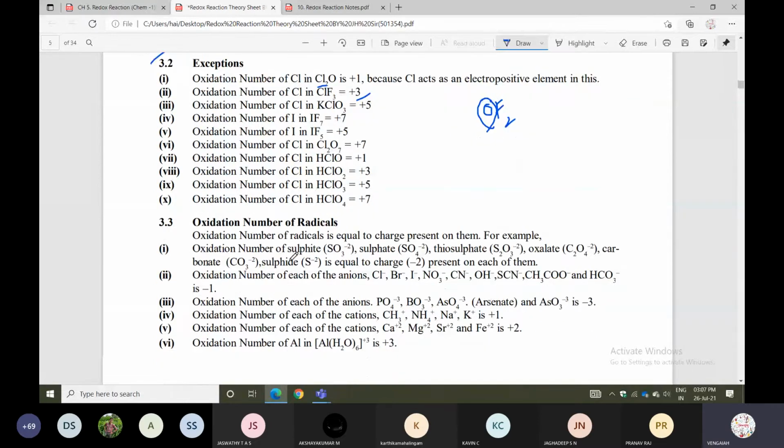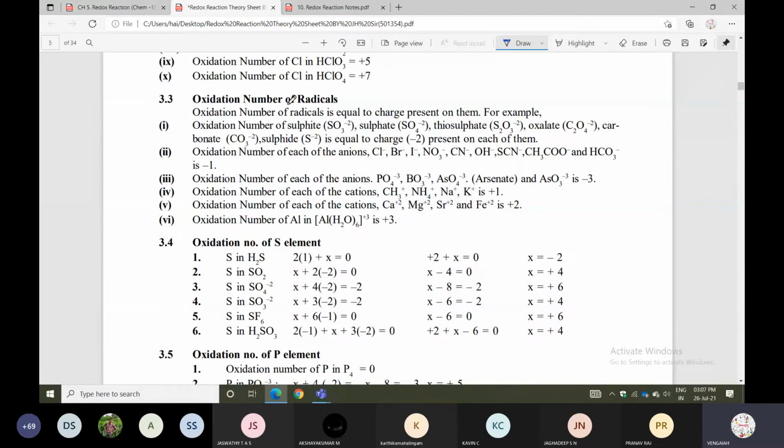Next one is the oxidation number of radicals. The oxidation number of a radical is equal to the charge present on it. For example, sulfite SO3 2-, sulfate SO4 2-, thiosulfate, oxalate, carbonate, sulfide: all have charge -2.